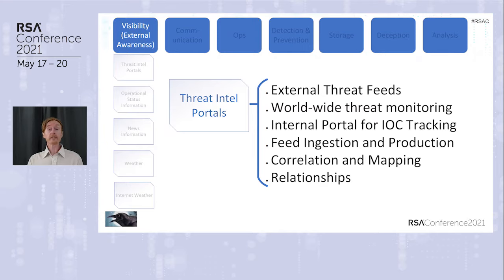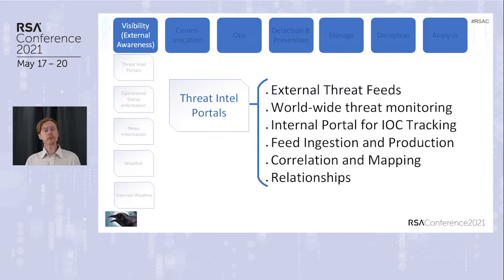We have ways to track globally on all of the different threats that are changing in the environment. We have some sort of indicator of compromise portal where we can look for stuff that we've encountered previously. We can also use some sort of a portal in order to correlate from an IP address to a host name or an internet service provider.